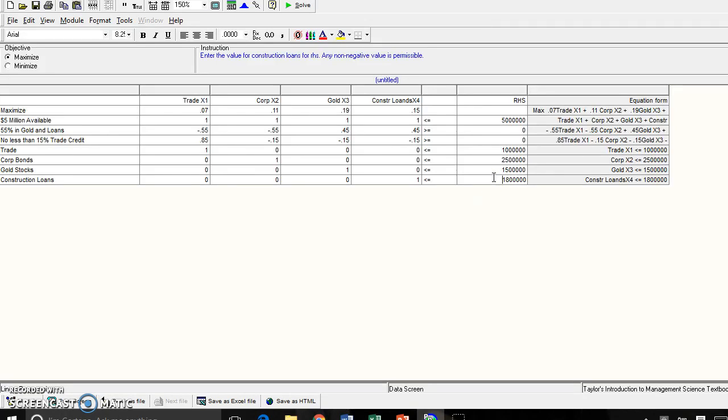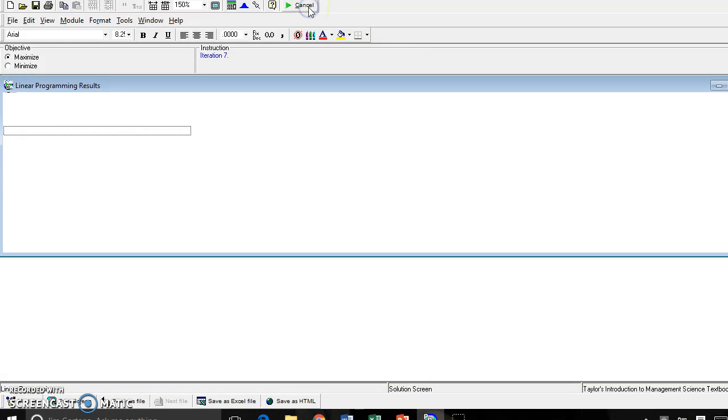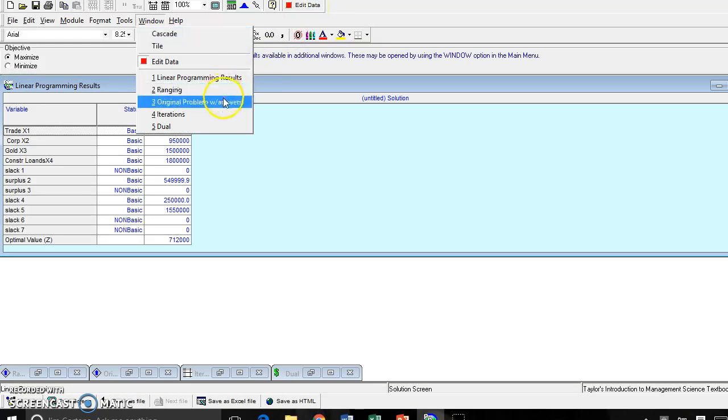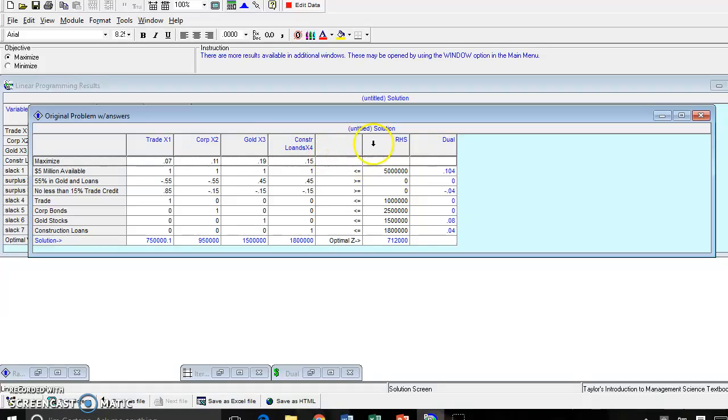We've got all the pieces together. All we need to do is go through and solve it. So I click solve, go down to the problem answers, and you can see right here all of our answers with our objective function, all our constraints.